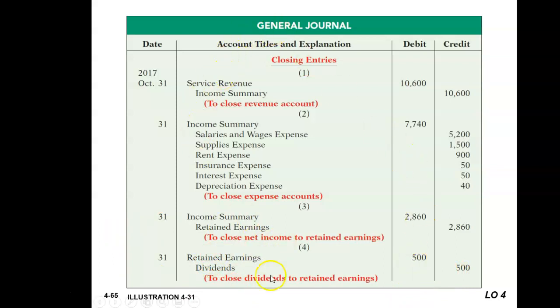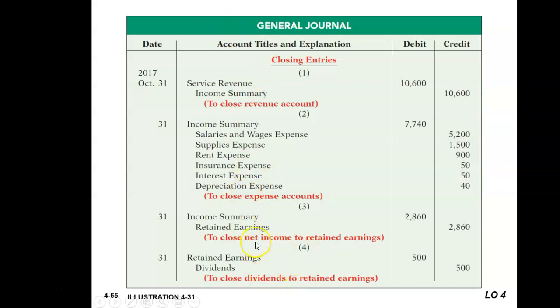So these are the 4 steps of the closing entry process, better known as REID. Close out your revenue accounts to income summary. Close out your expense accounts to income summary. Close out your income summary account to retained earnings, and close out your dividend account to retained earnings.